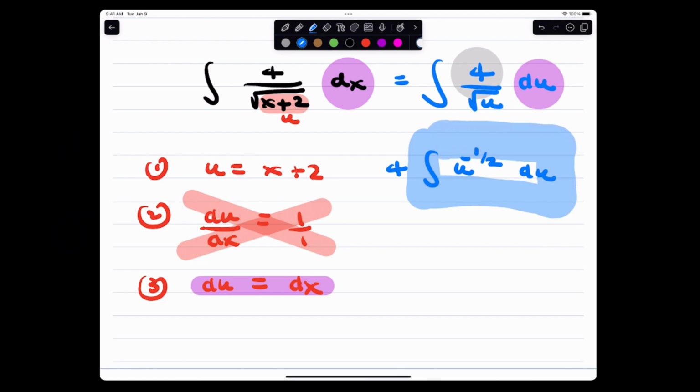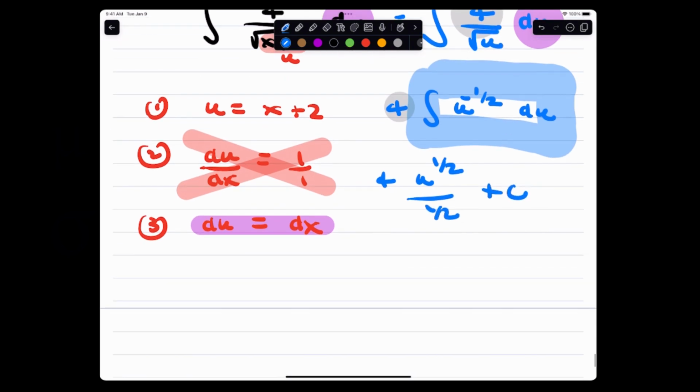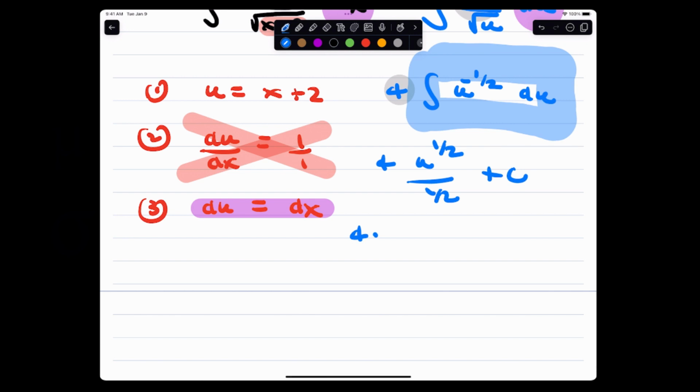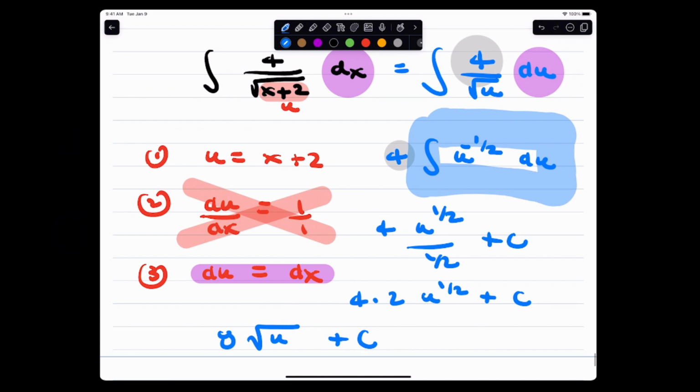So find the antiderivative. You have the constant 4 outside. So you're going to have 4 now, u to the 1/2 over 1/2 plus c, which is 4 times 2 u to the 1/2 plus c. You get 8 square root of u plus c. Right? So you can double check there.